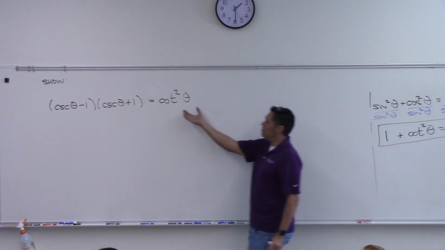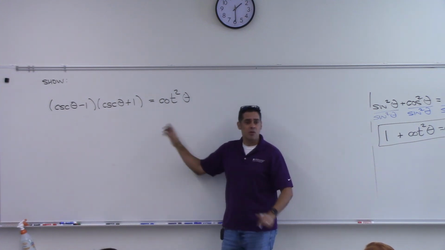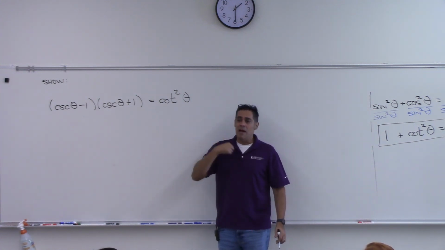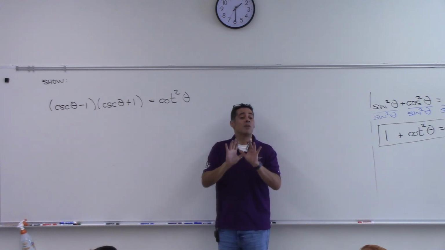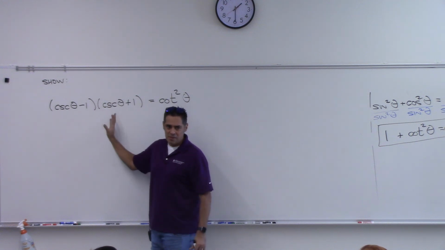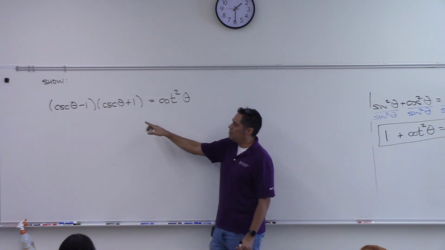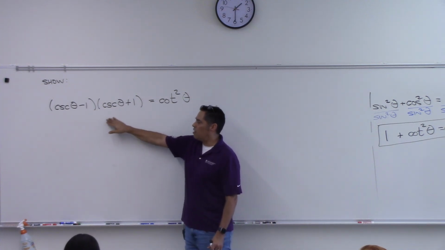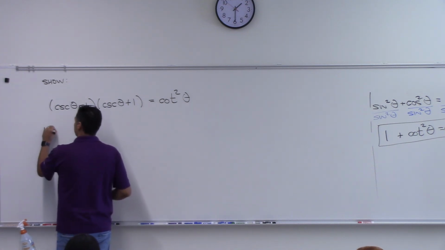We could start with the right-hand side and try to turn it into the left-hand side. My recommendation is always start with the left, though. Start with the more complicated looking one, the one that's messier, and try to clean it up. Not to say we can't go from here to here, but it's usually easier to start here. So I'm going to start with the left-hand side.